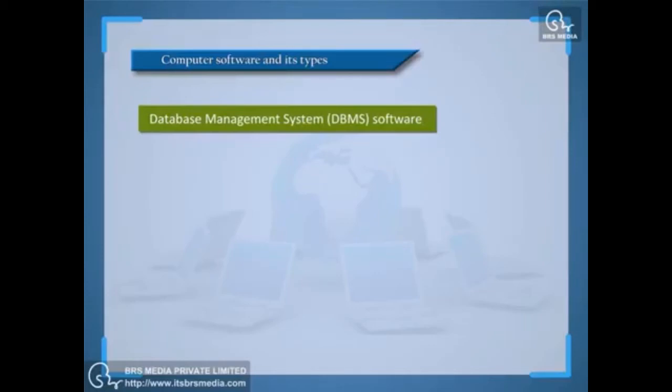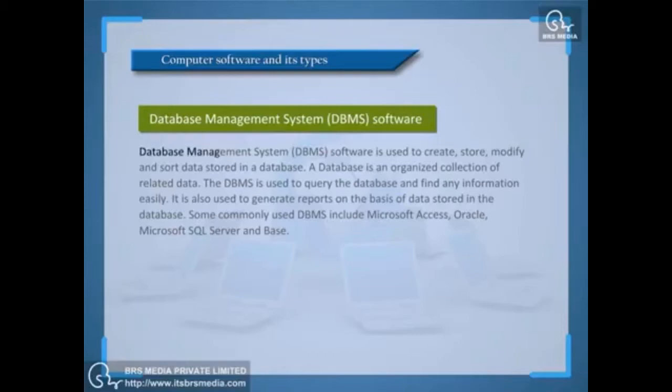Database management system (DBMS) software. Database management system (DBMS) software is used to create, store, modify, and sort data stored in a database. A database is an organized collection of related data.